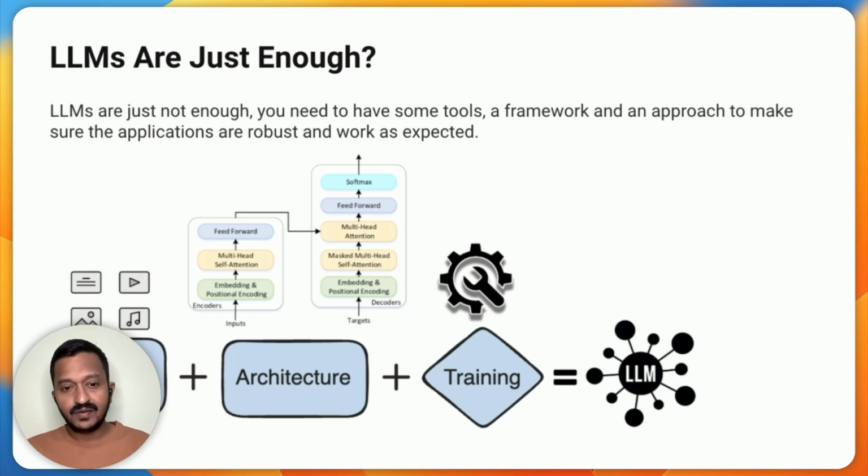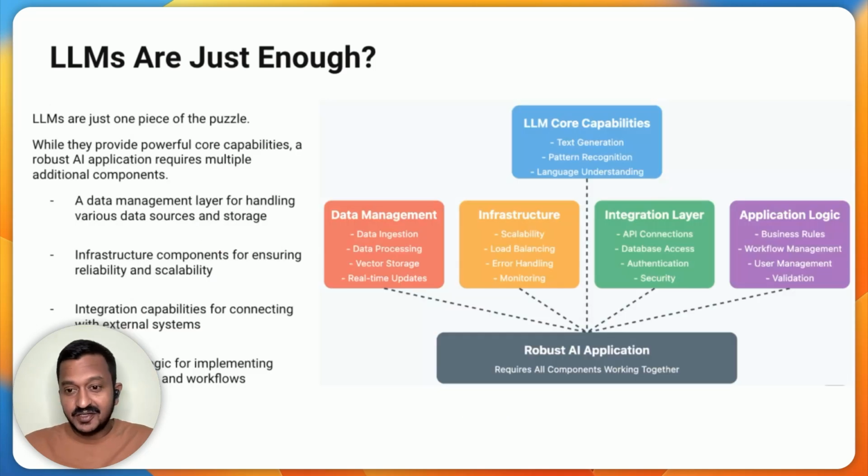But let's understand what exactly LLMs are made up of. They are made up of data, then the transformer architecture, the base architecture, as we call it, and then some kind of training. That's how LLMs are made. And they are just one piece of the puzzle while building a robust AI application, as you can see in this image.